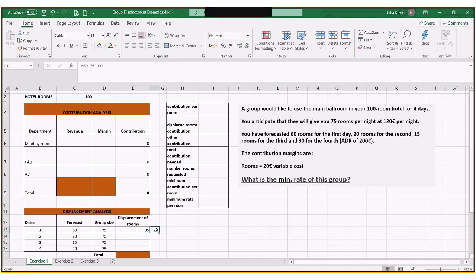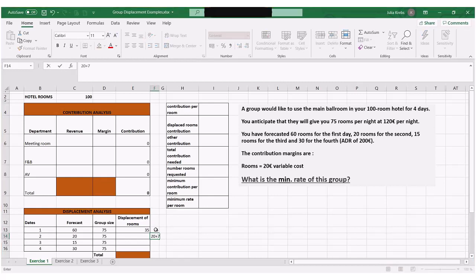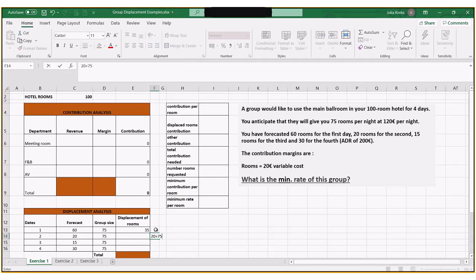Now if we do the same for the days to come, it's 20 plus 75 minus 100. Here you can see -5. What does that mean? It means we still have 5 rooms to sell, because we're only reaching 95 rooms occupied. So there are no rooms to displace, because we can still sell 5 more rooms. So obviously here displacement would be 0.